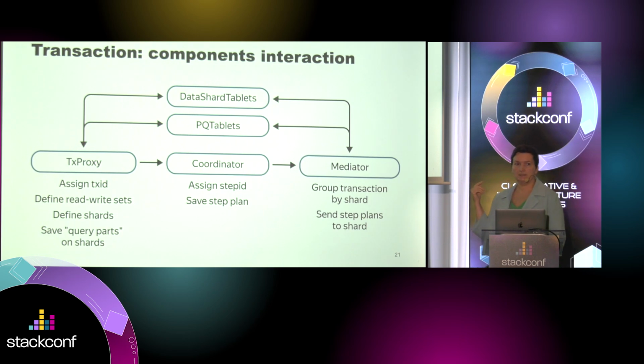Step ID is a global identifier of the step when this transaction will be executed. And on every shard, time is passing independently. So some shard at this moment of time can execute step 1, for example, and another can execute step 2. And shards are synchronizing only when they need data from another shard.